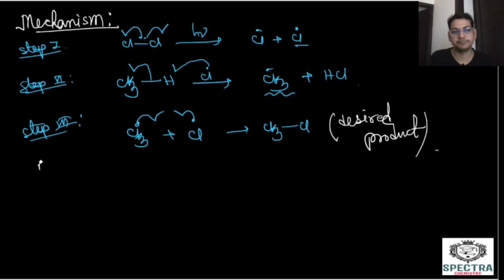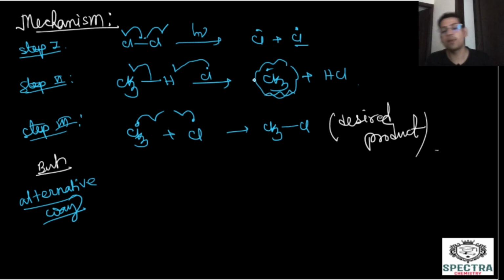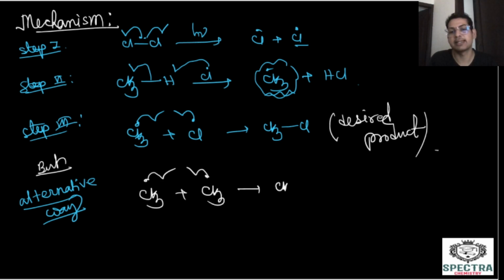But there is an alternative way. CH3 dot is forming, and so many CH3 dots are forming. If a CH3 dot reacts with another CH3 dot, then you will get CH3-CH3, that means ethane.